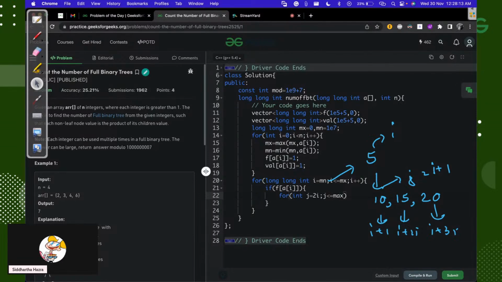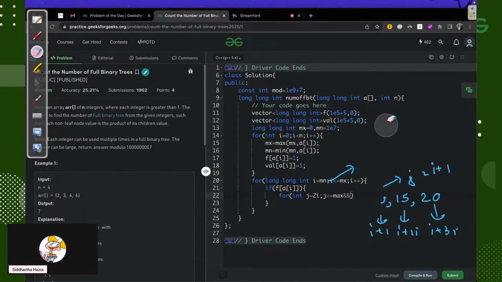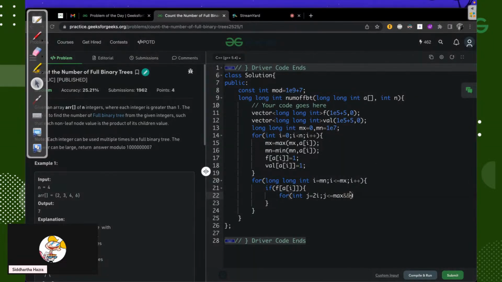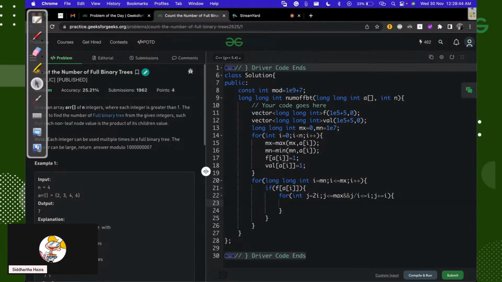First this, and then the very next one is that after division, j divided by i is less than or equal to i, and j plus equals i. Like 2i, then i plus 2i, then i plus 3i. That is why we are adding i at each point.